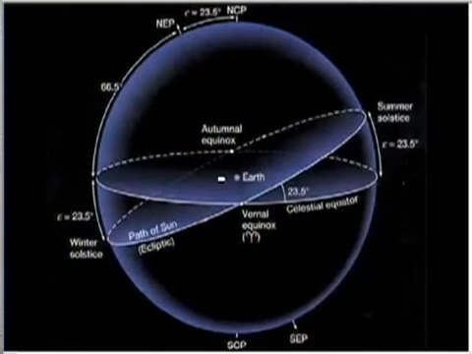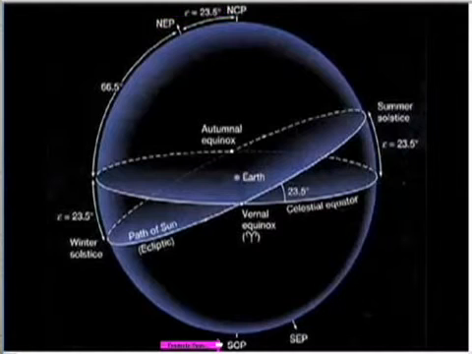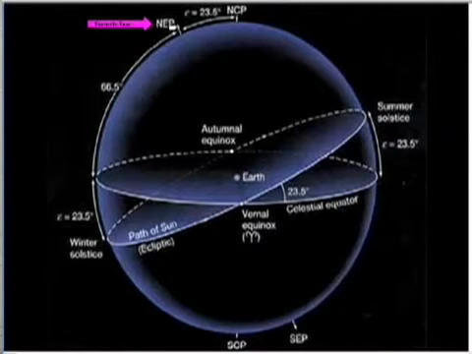Let's talk about the equinoxes. Here's a bigger picture in which the Earth is smaller at the center, okay? And here we see the north celestial pole and the south celestial pole. This is the north pole of the solar system, and this is the south pole of the solar system.